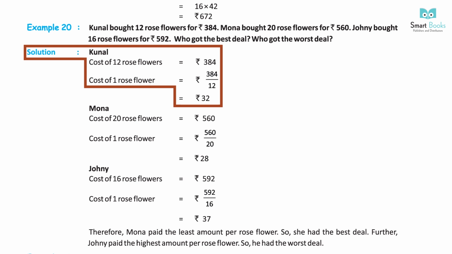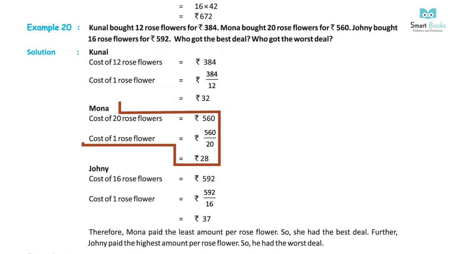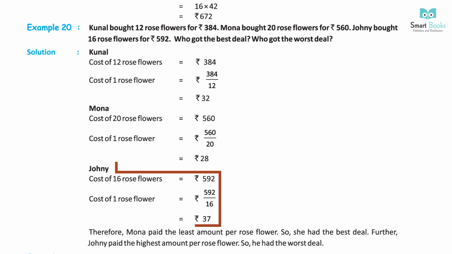Cost of 1 rose flower equals rupees 384 upon 12, equals rupees 32. Mona. Cost of 20 rose flowers equals rupees 560. Cost of 1 rose flower equals rupees 560 upon 20, equals rupees 28. Johnny.